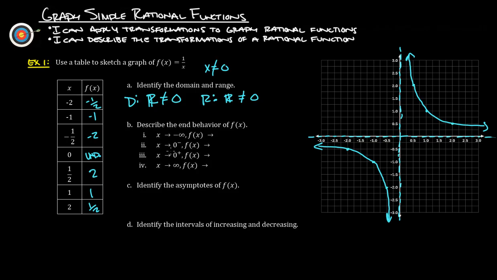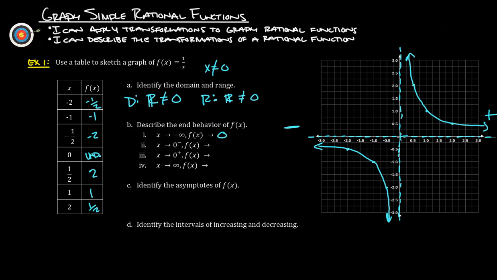Describe the end behavior. As x is approaching -infinity, what is f of x, or y, going towards? As we go farther and farther out here, we're getting closer and closer to 0. As x is going to 0 from the negative side, which is what the negative power means, so here's 0, the negative side is over here and the positive side is over here.